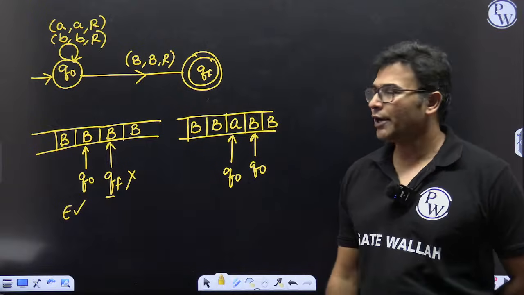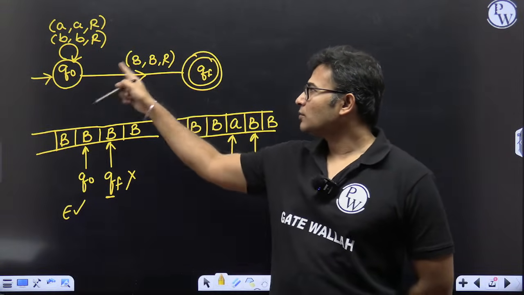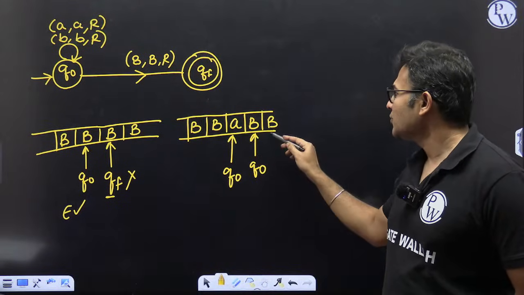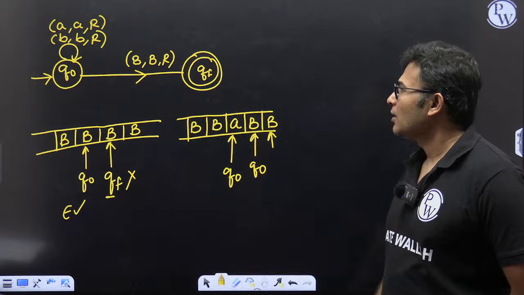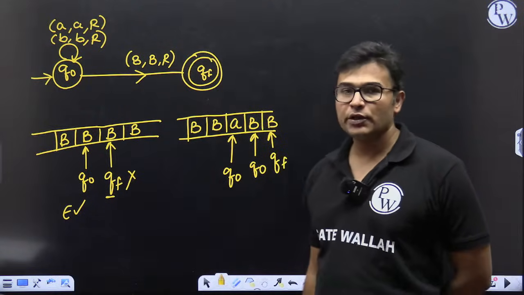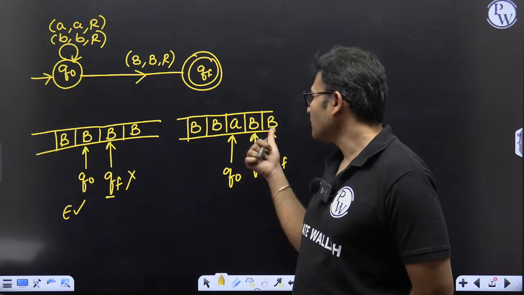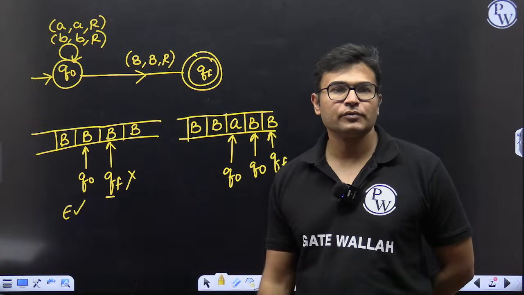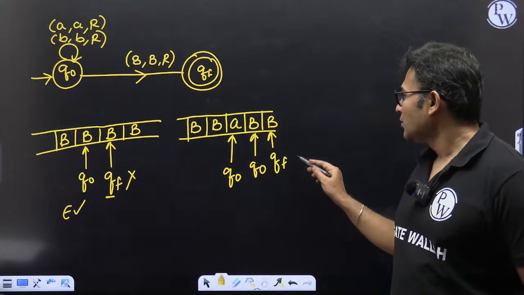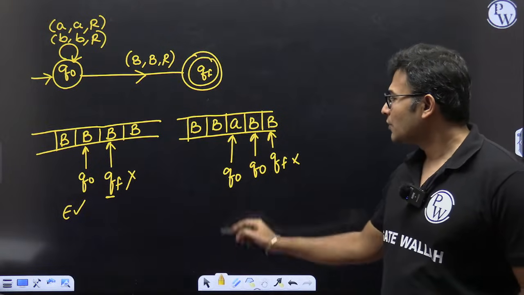Now Q0 on blank leaves it as blank and moves right, and it will go to QF. Now QF on blank is not defined. Therefore, the Turing machine will halt here in the final state. Therefore, A is accepted.